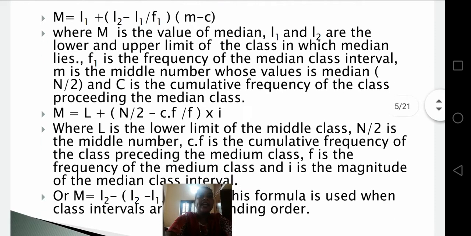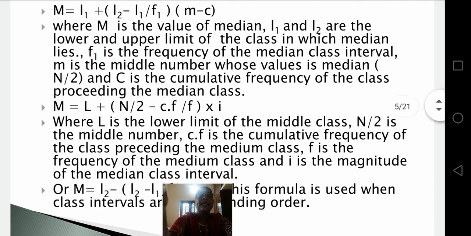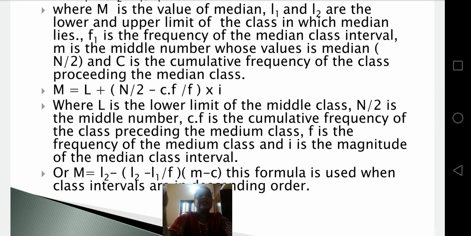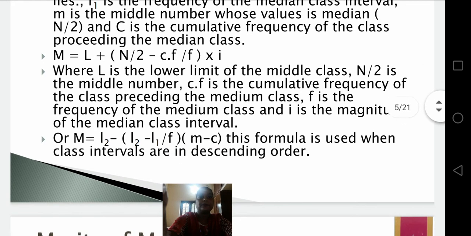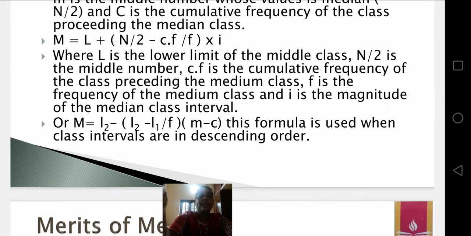Here, L1 and L2 are the lower and upper limits of the class in which the median lies, F1 is the frequency of the median class interval, M is the mid value of that particular class interval, and C is the cumulative frequency of the class preceding the median class. Or we can use the other formula, L2 minus L1 divided by this formula.